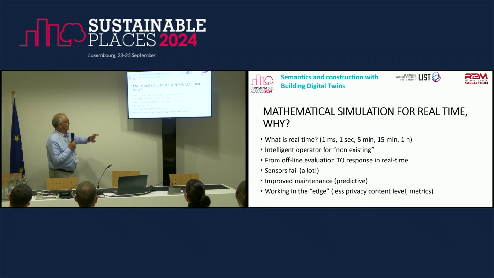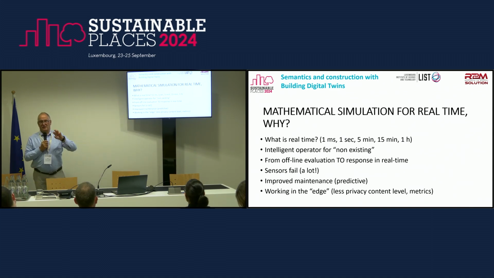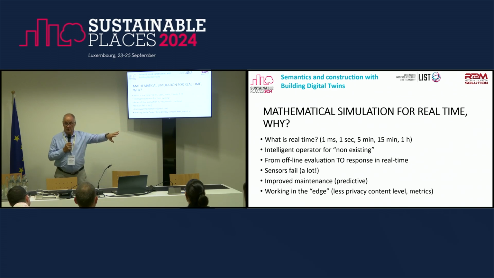We can improve maintenance, because if we don't have an operator or a supervisor and we detect a problem, it would be very nice to have a signal, an alarm, and to call the technical assistance in advance, not when the equipment is totally broken and burning. Another very interesting point is that if we put intelligence close to the sensors, close to the electronics, at the edge, we are avoiding privacy problems.